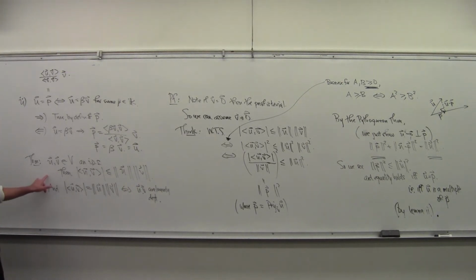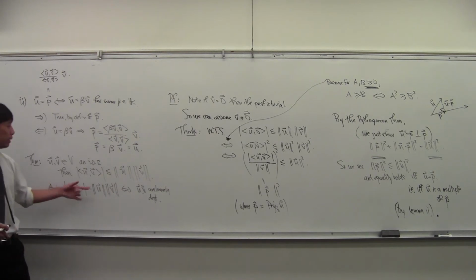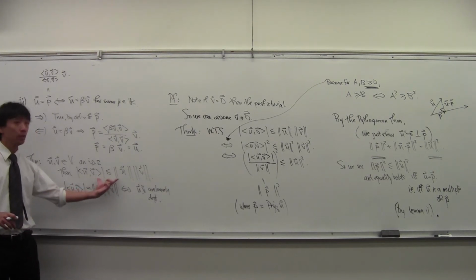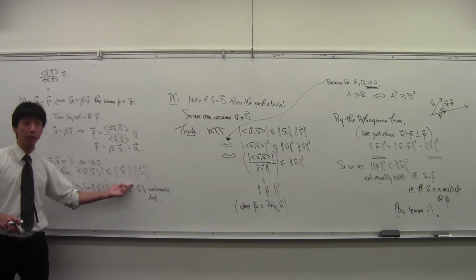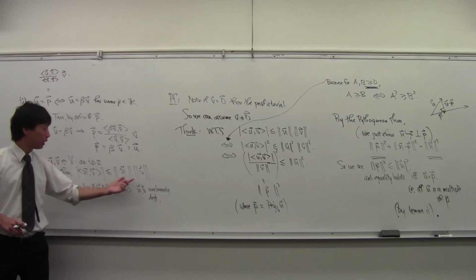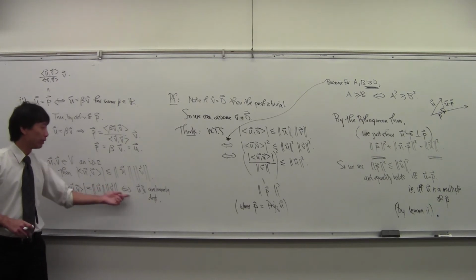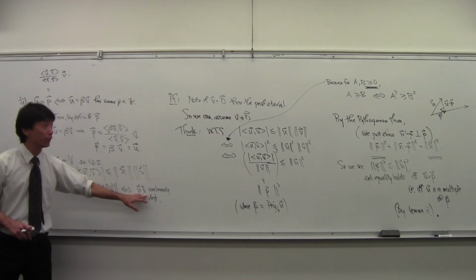So that's the proof of Cauchy-Schwarz, right? That the magnitude of the inner product is controlled by the product of the magnitudes, and you have equality if and only if one guy is a multiple of the other.